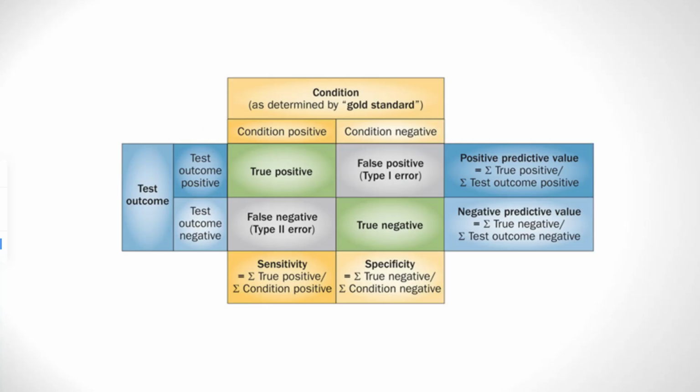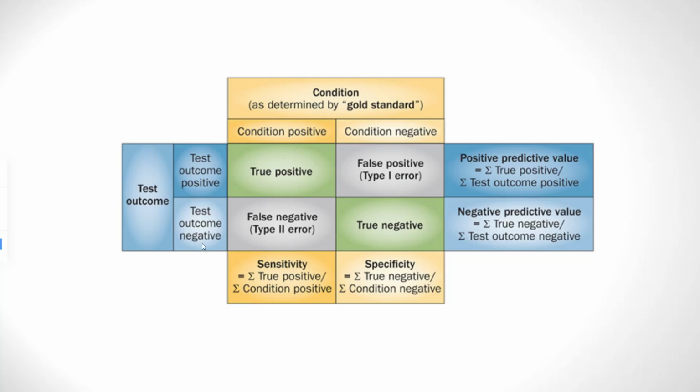This looks very involved, but when we start going through the different components, it's going to make a lot of sense. This is kind of a good reference that you can always go back and take a look at. So if we start here, we have test outcome. Now, if the outcome is positive, it would be reported as positive, and it would either be an actual true positive or it would be a false positive, which is also known as a type 1 error.